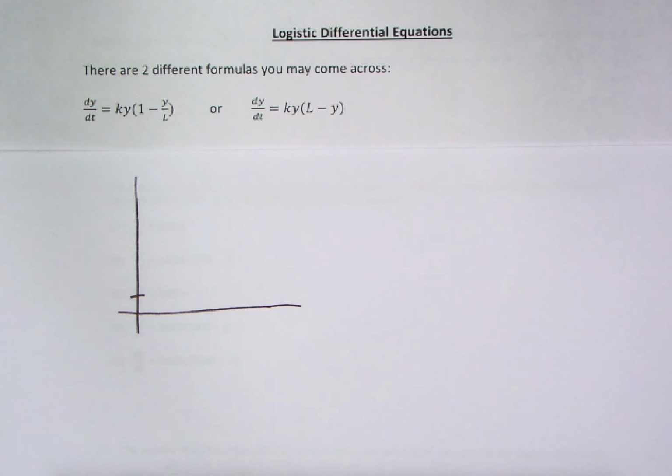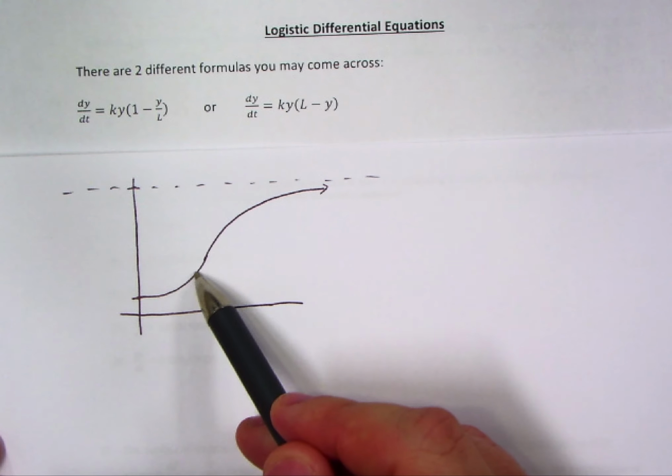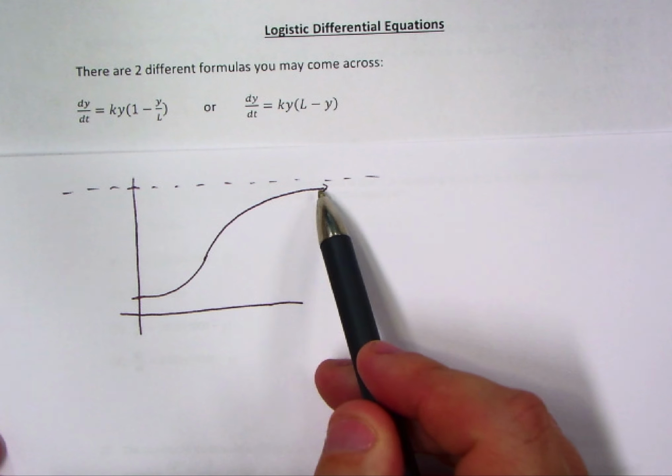And so what happens is, the way the graph always works is it's always going to start growing exponentially, like really quickly. Then it's going to start leveling off. And this is what the graph of a logistic differential equation is always going to look like right here, where it's always increasing, but the first part is going to be concave up, the second part is going to be concave down.